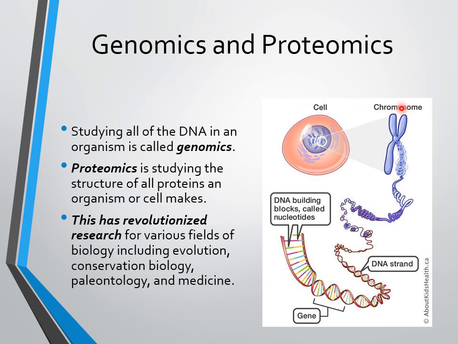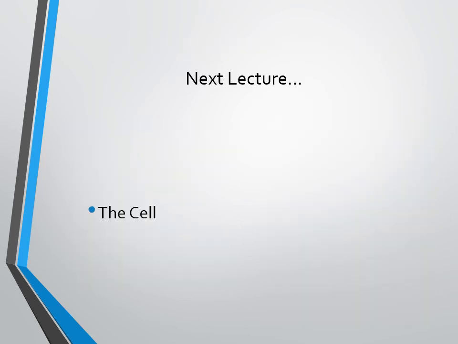Most of you were born at this time, but in the early 2000s, we did the Human Genome Project, and that's how we know what our chromosomes look like, what our DNA is supposed to look like, and that's why a lot of you are able to do 23andMe and Ancestry.com to see where you're from, because of that Human Genome Project. Because we've been able to do that research, we have now gone forth in our studies of evolution, conservation biology, paleontology, medicine, all that fun jazz.